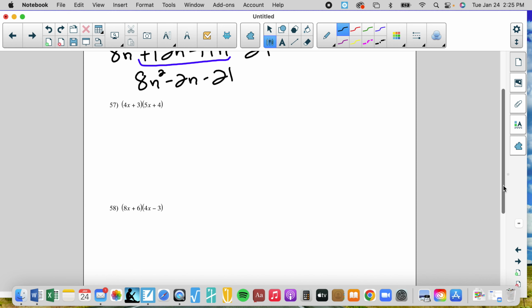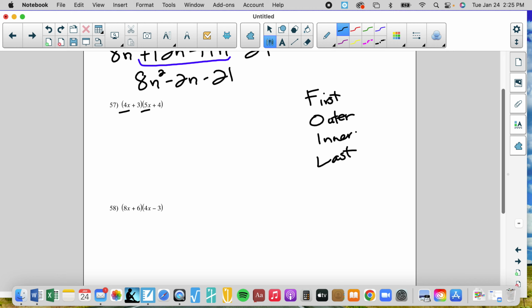So we're going to double distribute. And people also call it FOIL. First, outer, inner, last. So the firsts, the outers, the inners, and the lasts. The first would be these two.